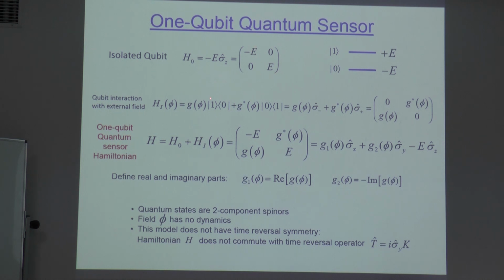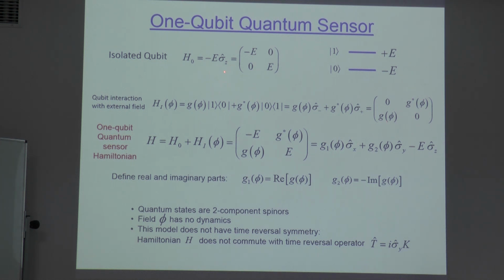And then I can write down a hand-waving interaction where there's a field phi with some coupling constant, which takes the lower state to the upper state, and the Hermitian conjugate, where the field phi takes the upper state to the lower state. This can be written in terms of sigma minus and sigma plus matrices, and they're just off-diagonal terms here.